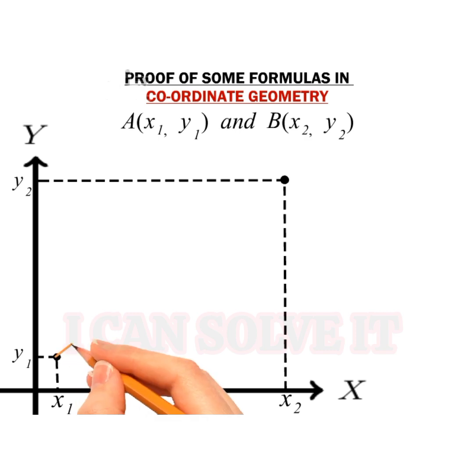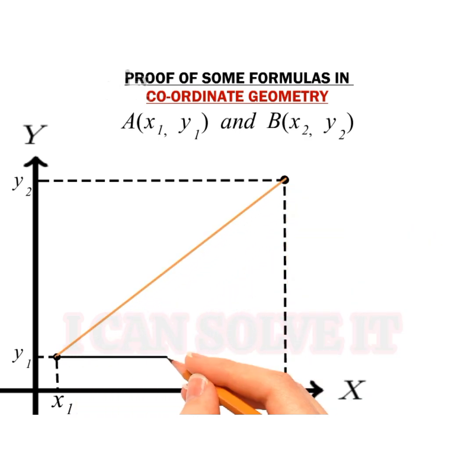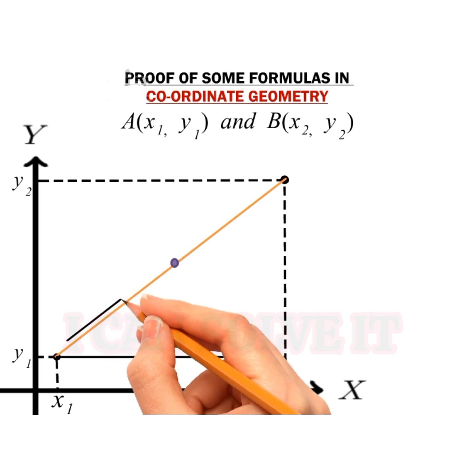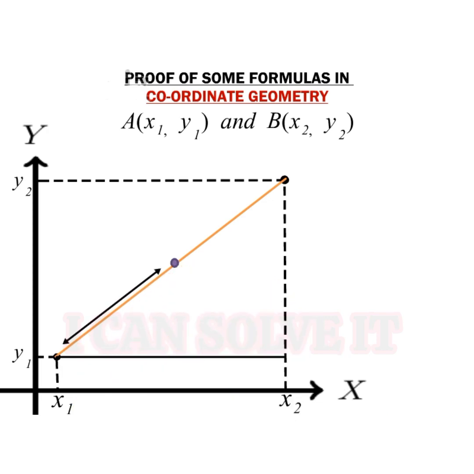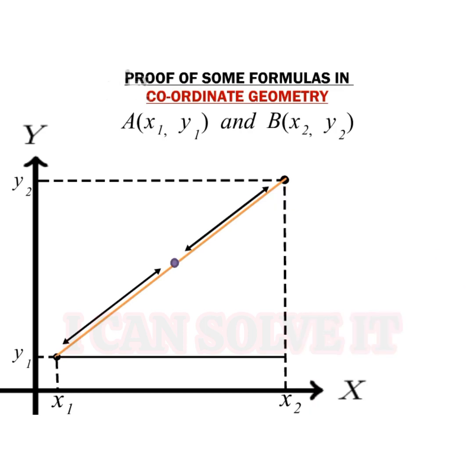Now we have the line by joining the points A and B. Also, assume any point on the straight line. And let us denote the ratio of the division of the line by m and n.